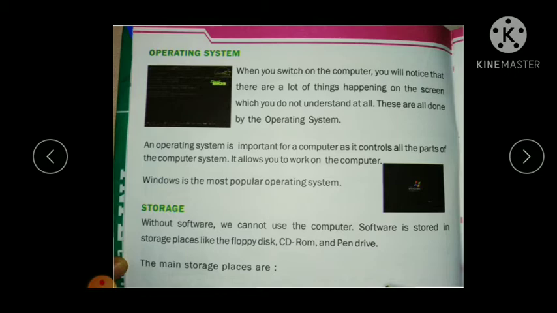Okay, so let us see. When you switch on the computer, you will notice that there are a lot of things happening on the screen which you do not understand at all.